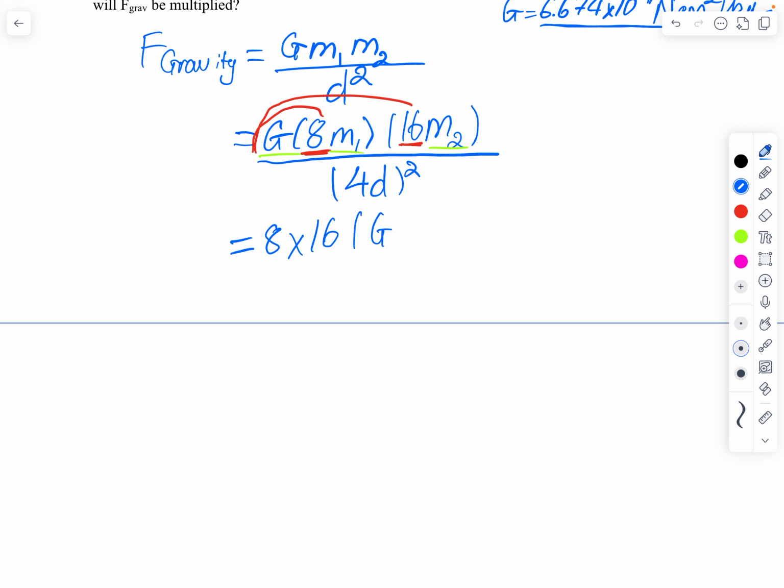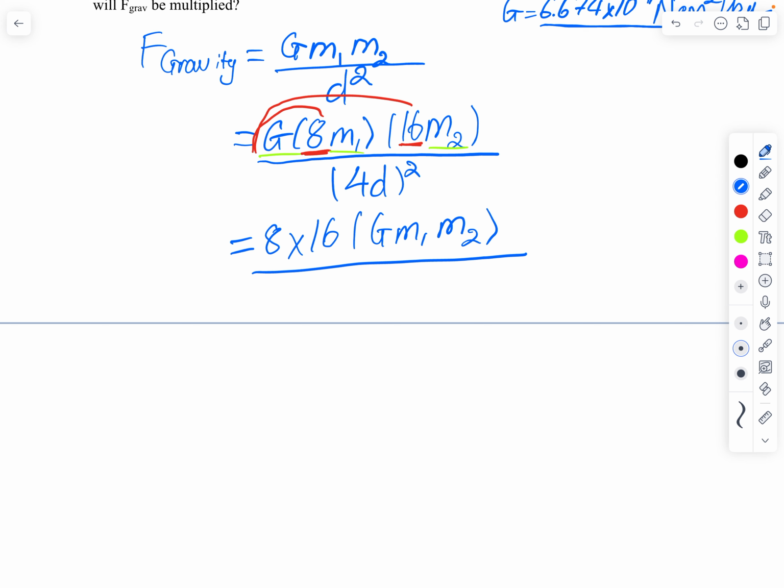And then G, M1, M2. Because this is multiplication, the order you do it in doesn't matter. Just like in an addition problem, you don't care too much about the order, but in subtraction and division, order really matters.